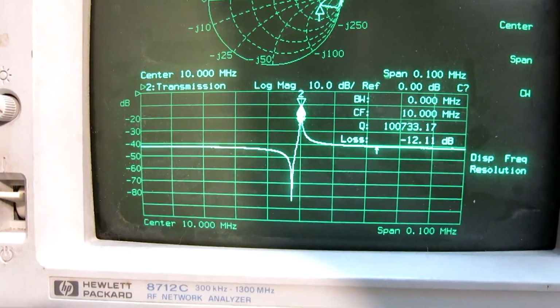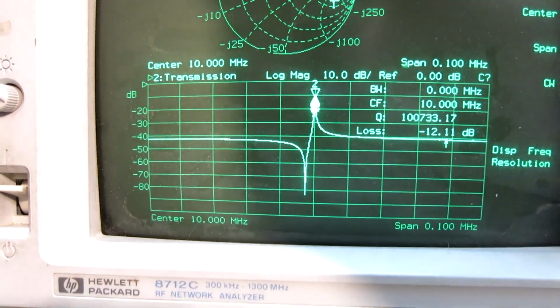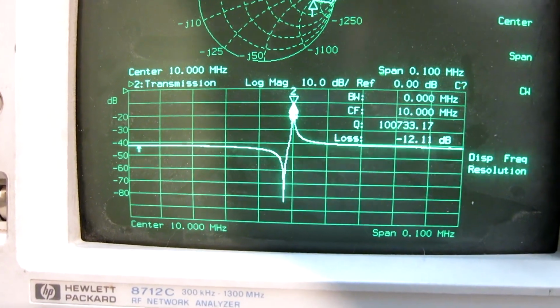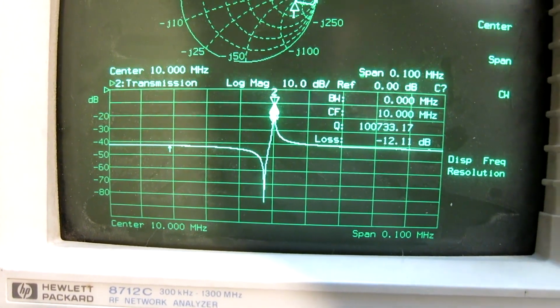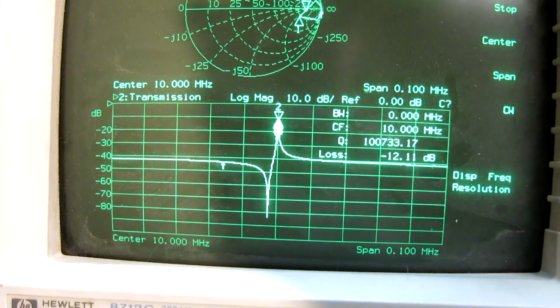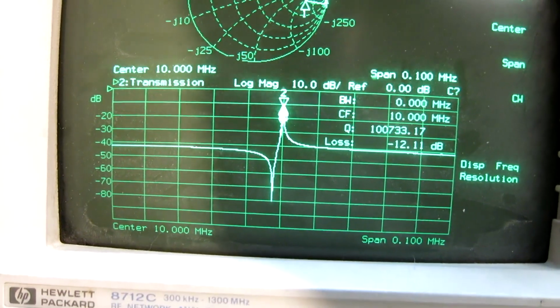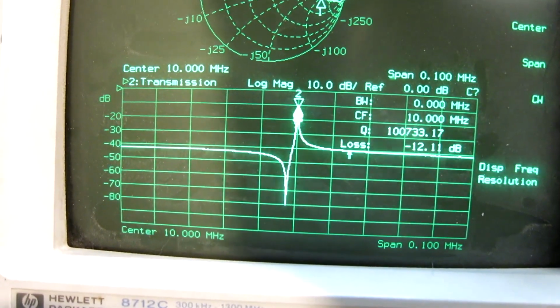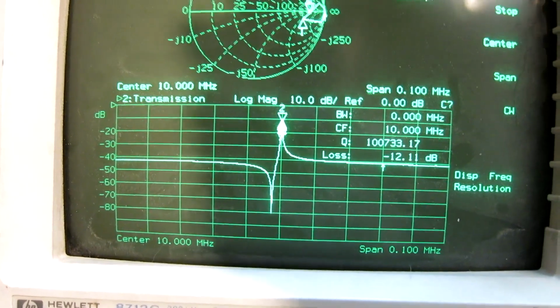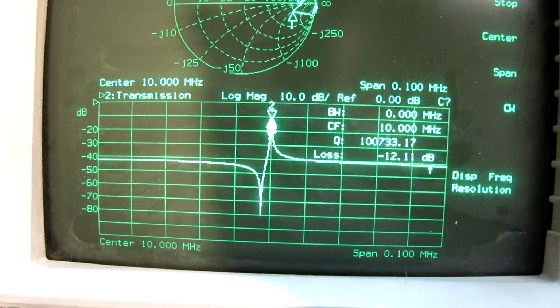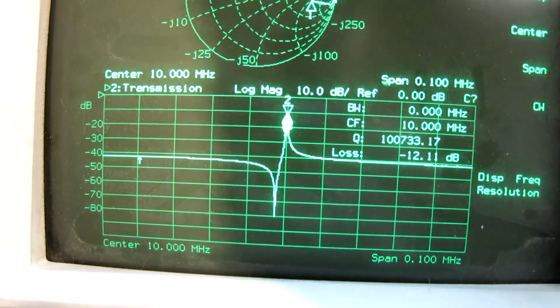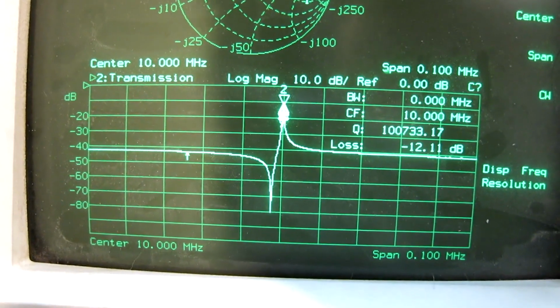This is the single section filter, and you can see the attenuation is only about 40 dB, well away from the resonance. This is not enough when using a standard signal generator to investigate what happens far from the center.